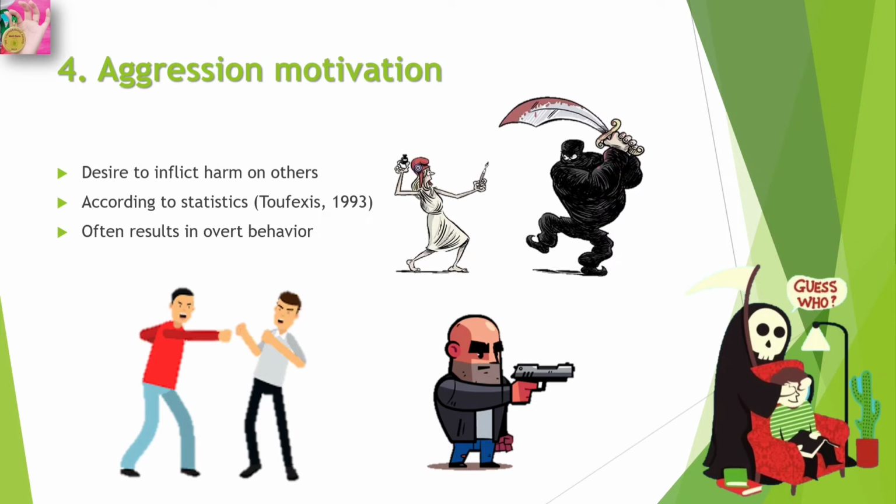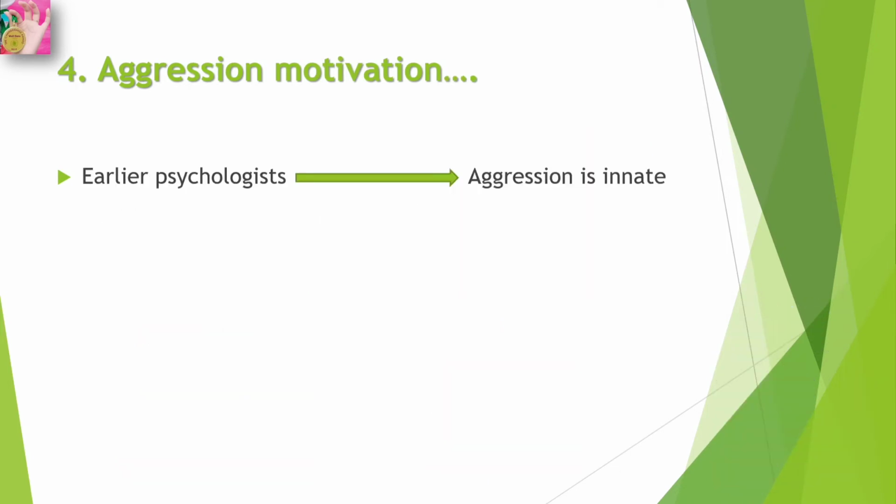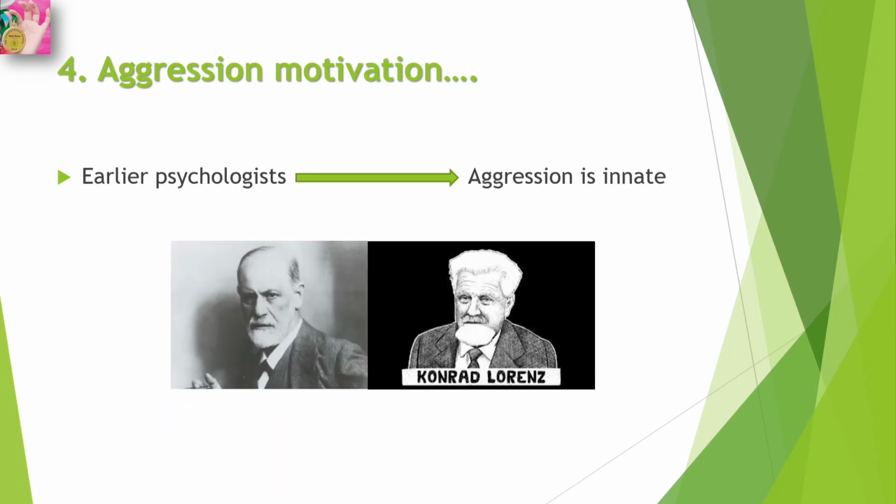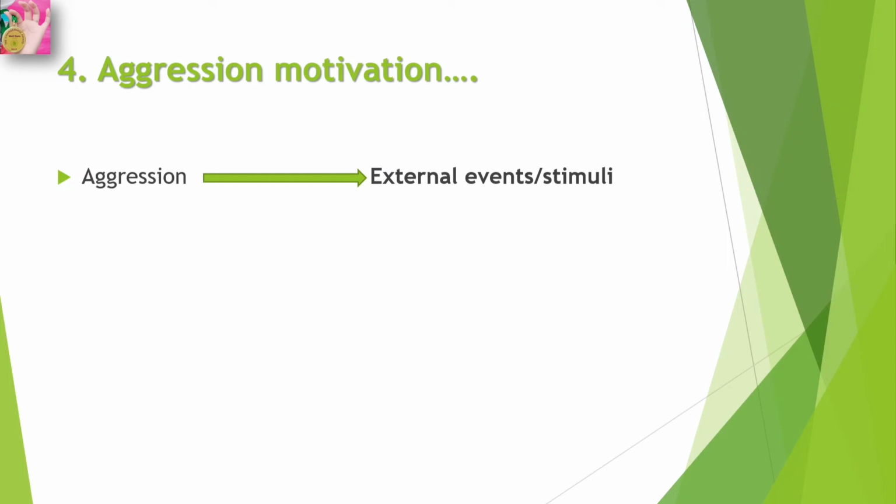Now, even though earlier psychologists such as Freud and Lorenz put forward that aggression is innate, that the human being possesses a powerful built-in tendency to harm others, nowadays most believe that aggression, like many other forms of motivation, is elicited by a wide range of external events and stimuli, such as heat, an increase in temperature, or exposure to aggressive models.